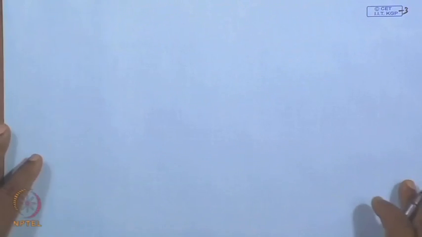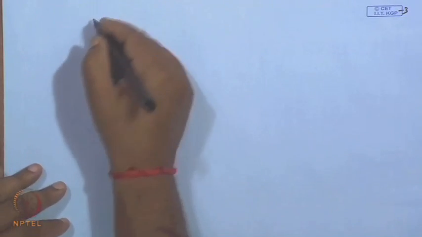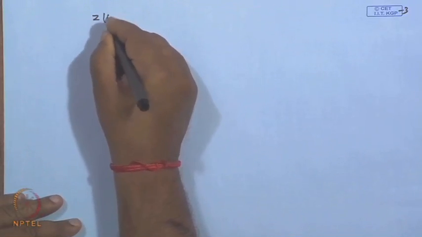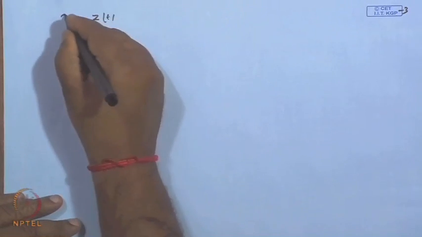A curve is said to be piecewise continuous, this is the second point.